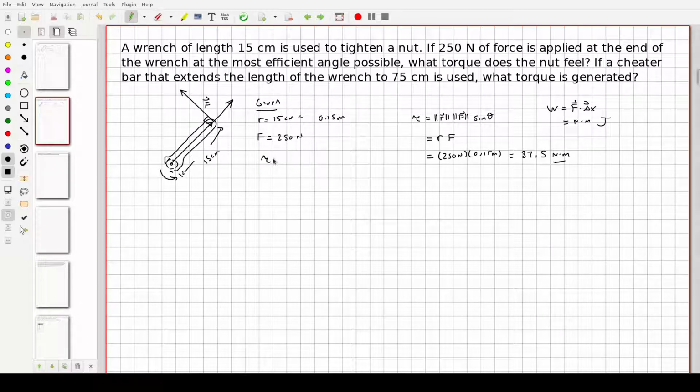So my torque here would be 37.5 Newton meters out of the page. That would be the vector. Now, if you wanted to think of this in terms of a three-dimensional coordinate system, this being z, we'll say this being y, and this being x.